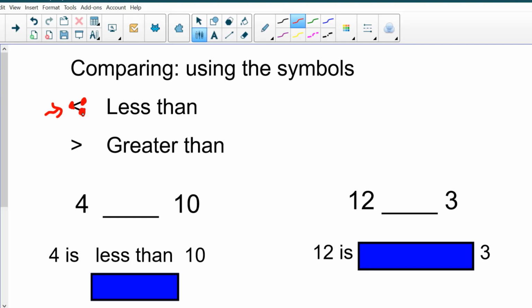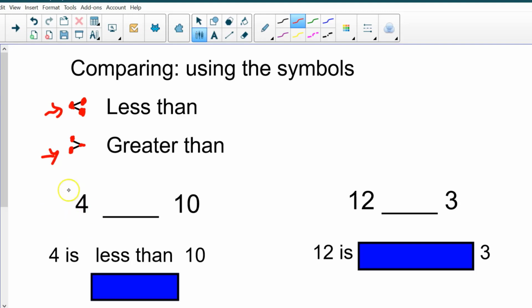So 1 dot at the smaller point, and then 2 dots at the open part is greater. So let's look at the next one here. Again, the open part, I can make 2 dots, and then at the smaller point, I have 1 dot. Now we're going to use that to help you remember which way to write the inequality symbol.